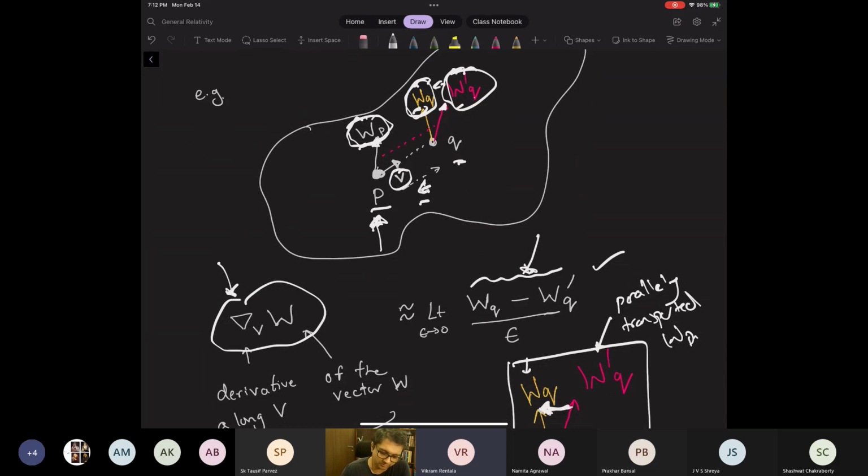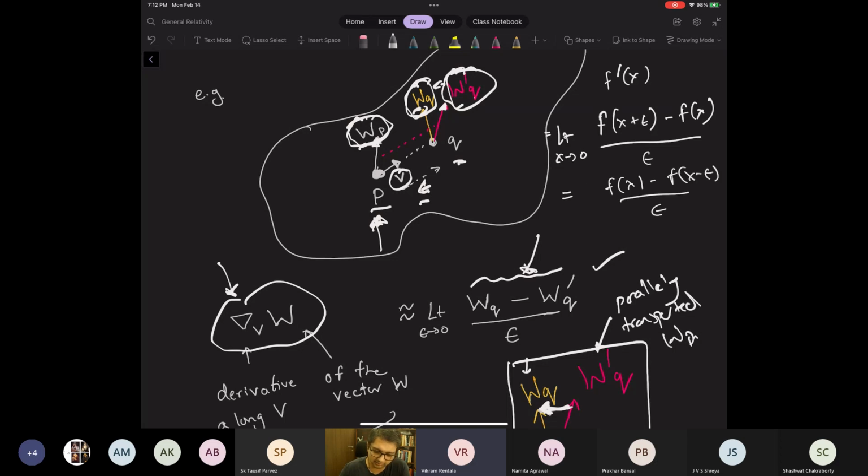Roughly speaking, the difference between these two things doesn't really matter, because these points are epsilon close to each other. It's like saying, let me define the derivative at x, let me define f prime at x as this, or should I define it as this? It doesn't really matter because once you calculate the derivative, the point x plus epsilon and the point x are effectively the same point.